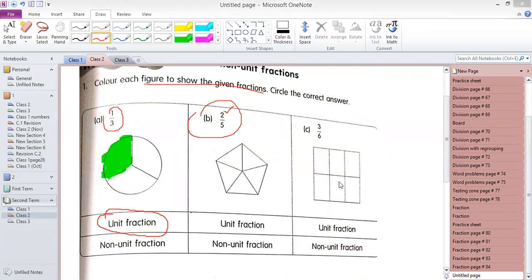Very good. I should color 2 parts because this is 2 over 5. 2 over 5 means 2 parts out of 5 parts. And you can color any 2 parts out of 5, and it will be 2 over 5.